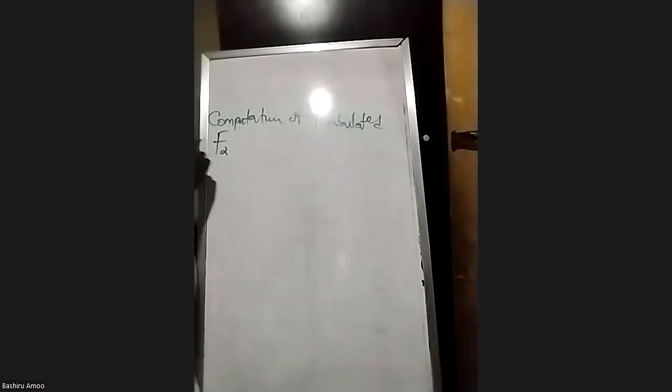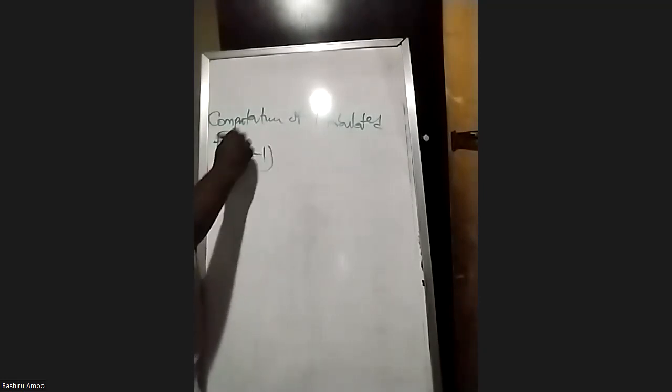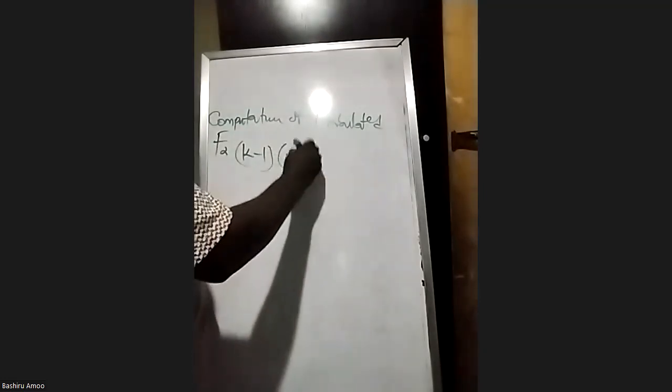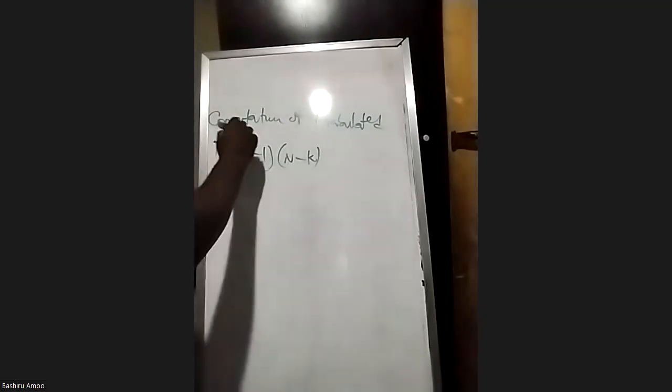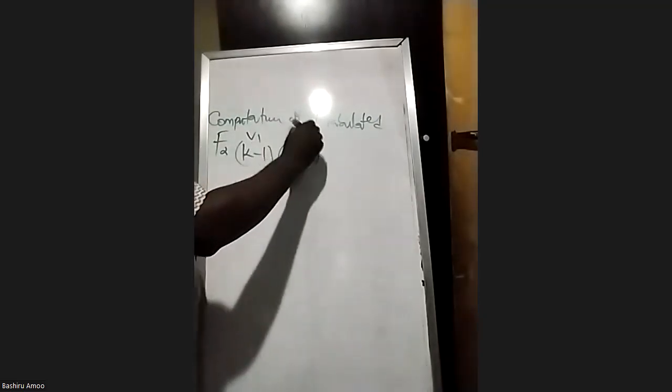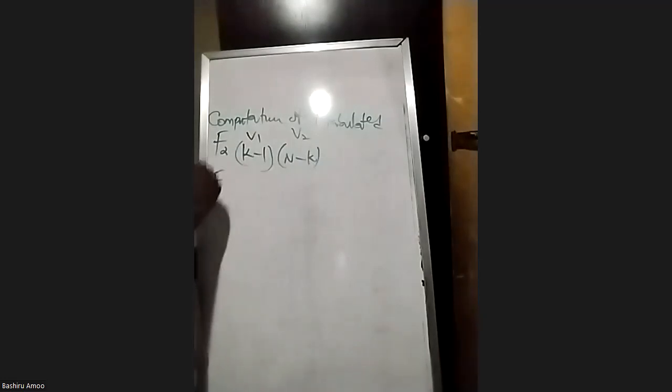Now, recall that the F tabulated is significant at K minus 1 and N minus K. I said that this is representing P1 and this is representing P2. Here we are taking 0.05 for 5%.